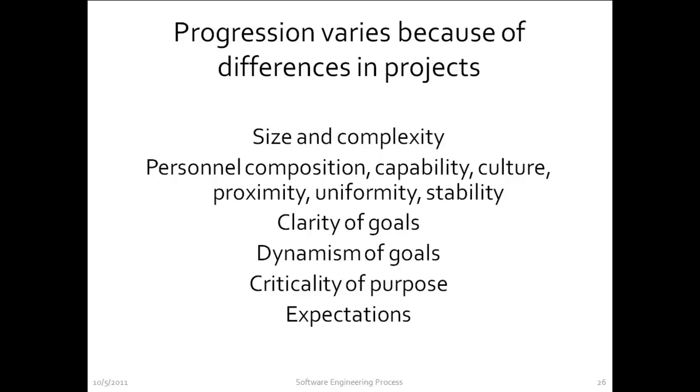Then there are personnel issues: size of the team, composition of the team, culture of the team, proximity of the team, which is how co-located the team is, the uniformity of the team, which is how uniform in terms of skills the team is, and the stability of the team. In other words, what the turnover is in the team. Are people coming and going, or is the team pretty much constant in terms of people throughout the lifetime of the project? Thirdly, the clarity and dynamism of the goals or the requirements can affect the progression.